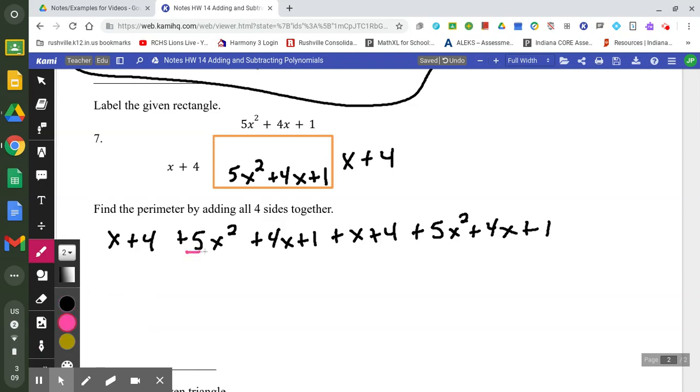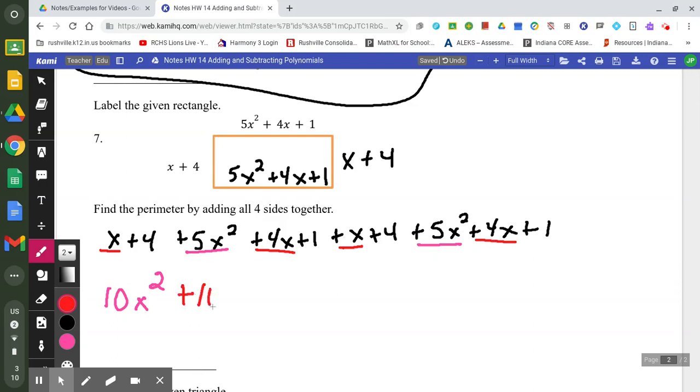So my highest exponent is squared. So I add the 5x squared plus 5x squared and get 10x squared. Then I have several terms with x. So there's one, there's another. So I've got 1x plus 4x is 5, plus another x is 6, plus another 4x.